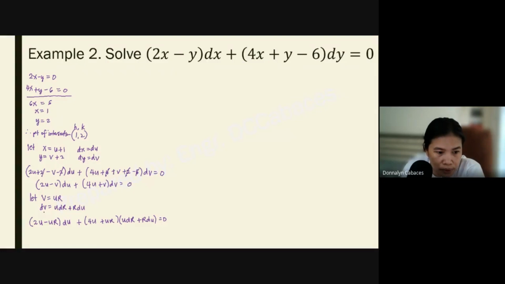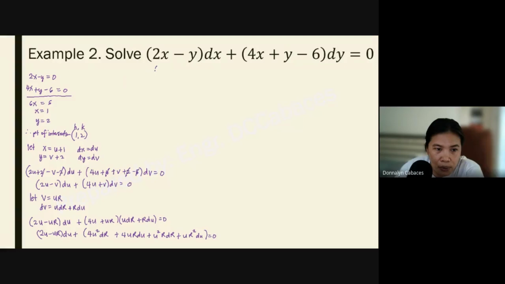All here with du, so you have (2u minus ur) du plus, we multiply this first before we put together those with du, so 4u squared dr plus 4ur du plus u squared r dr plus ur squared du is equal to 0.